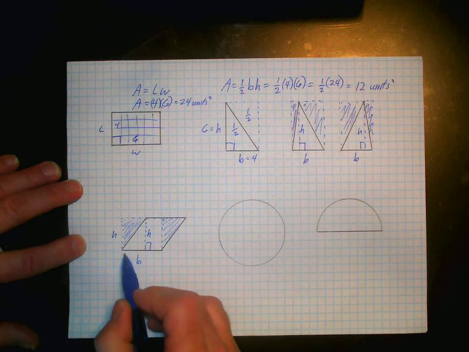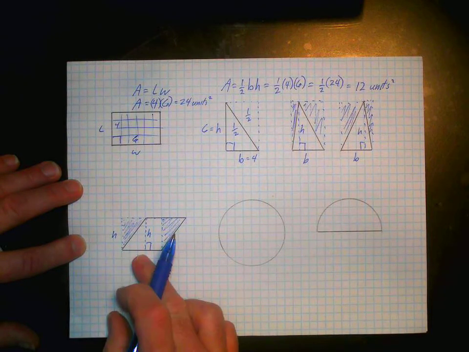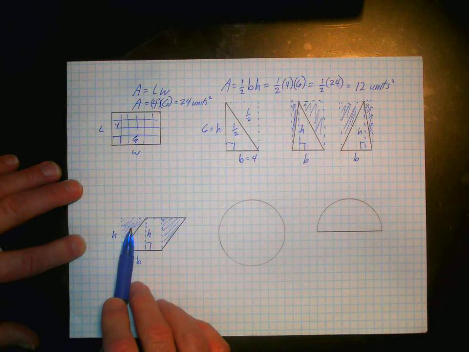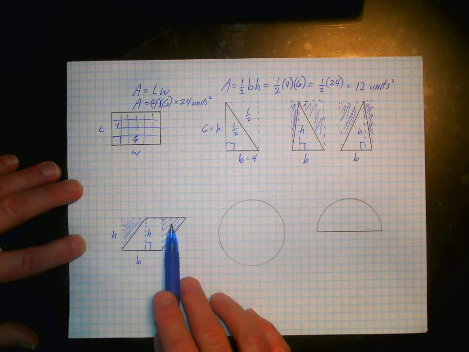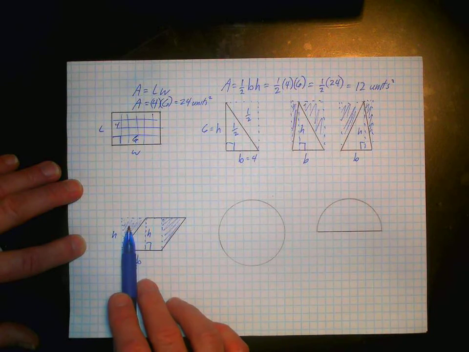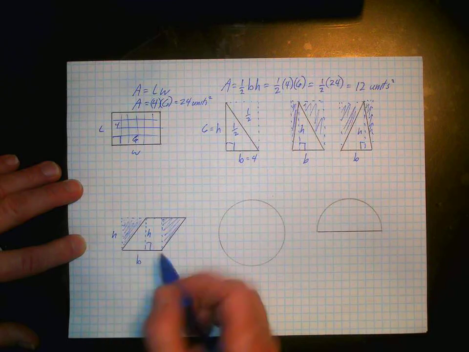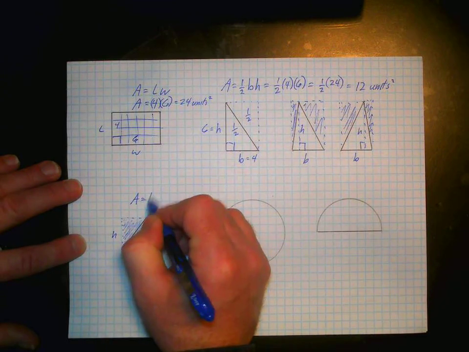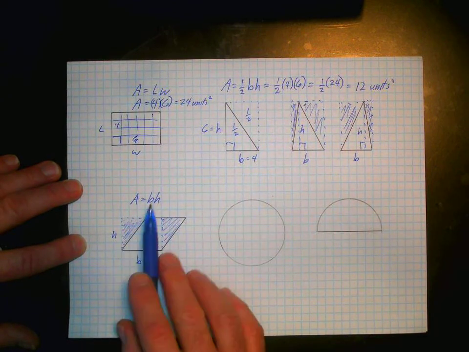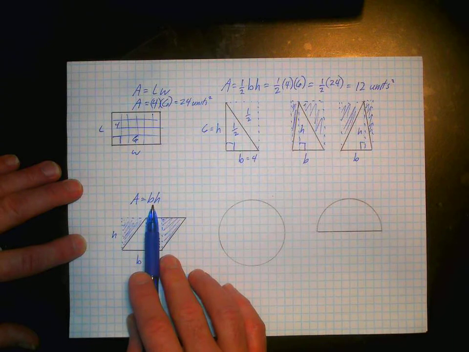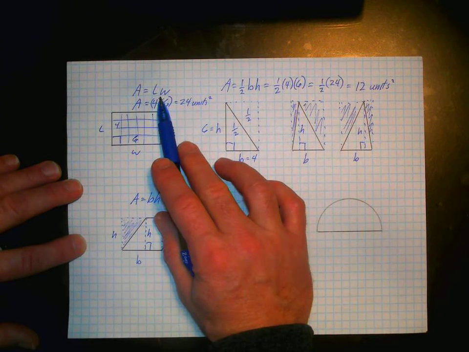So if we just multiply base times height over here, we count this, it's not part of the shape. And we missed this part, but it's the same as the stuff that we just counted. So it turns out this is just area equals a length times a width. So this formula is really this formula.